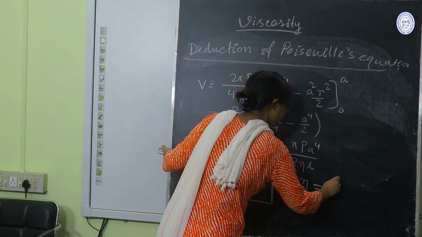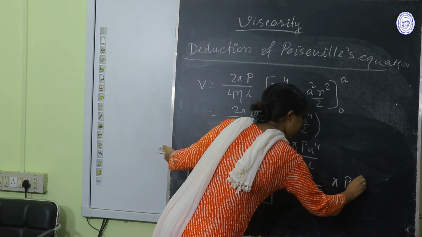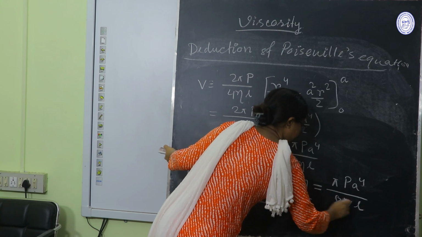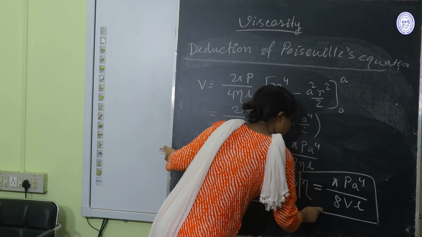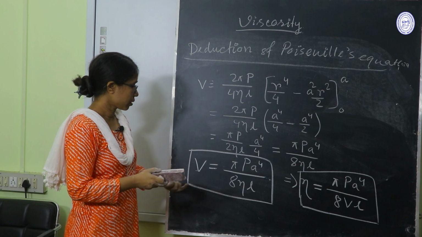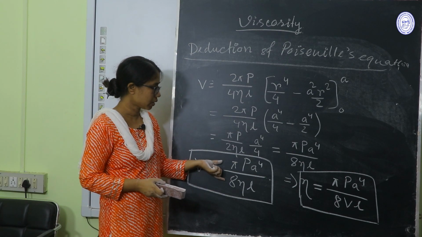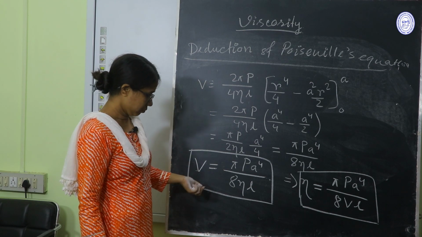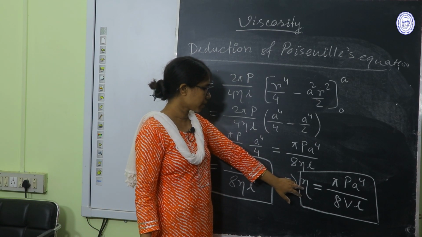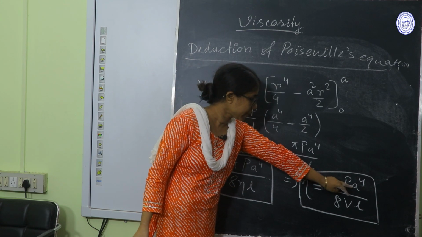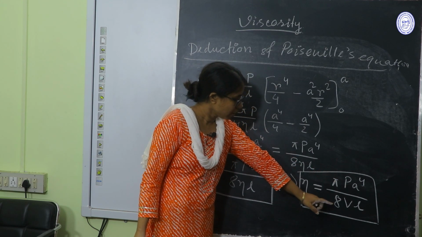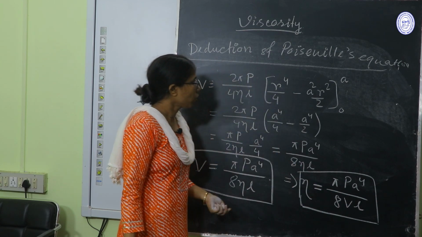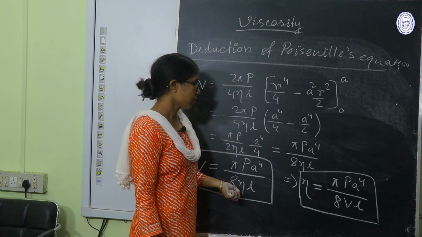So, eta is equal to pi P a to the power 4 by 8 V L. This is Poiseuille's equation, and using this equation we can easily derive the coefficient of viscosity, knowing the radius of the capillary tube, the pressure difference between two ends and the length of the capillary tube, and measuring the volume flowing out per second.